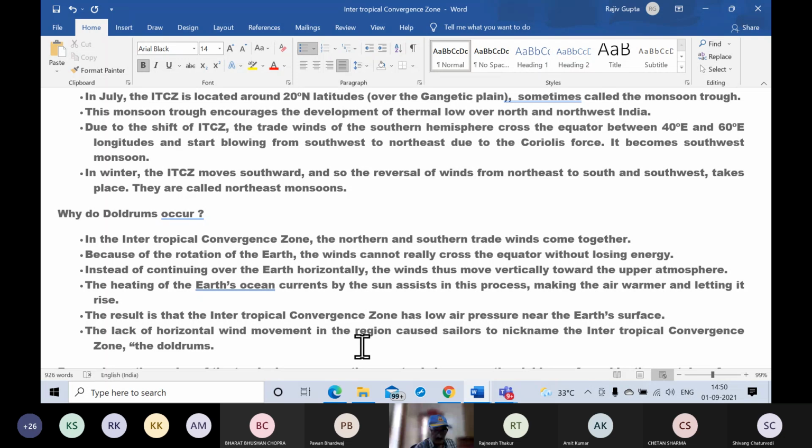Then this is assisted by the heating of the Earth's ocean surface by the sun, making the warmer air rise. When the air rises, it will develop into clouds.